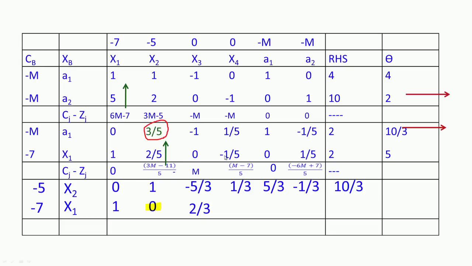Minus 1 by 5 minus 2 by 5 into 1 by 3 is minus 1 by 5 minus 2 by 15.